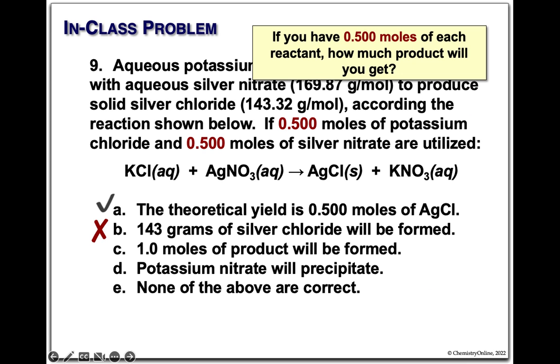Well, gee, we just said we get half a mole, so that's not right. Potassium nitrate will precipitate? No way. Silver chloride precipitates, virtually all nitrates are soluble. So, A is the correct answer.